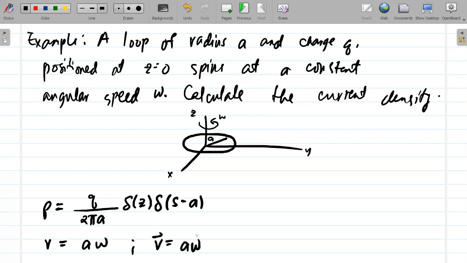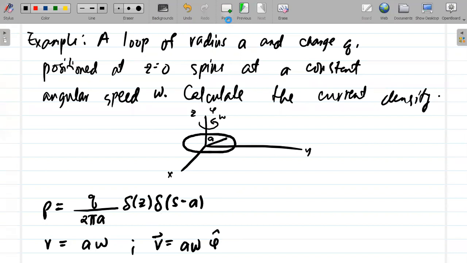Anong direction neto? A omega phi hat. Class, di ba? Ito yung phi nyo. That is your polar angle phi. Tapos yung pag-ikot niya, along phi hat.